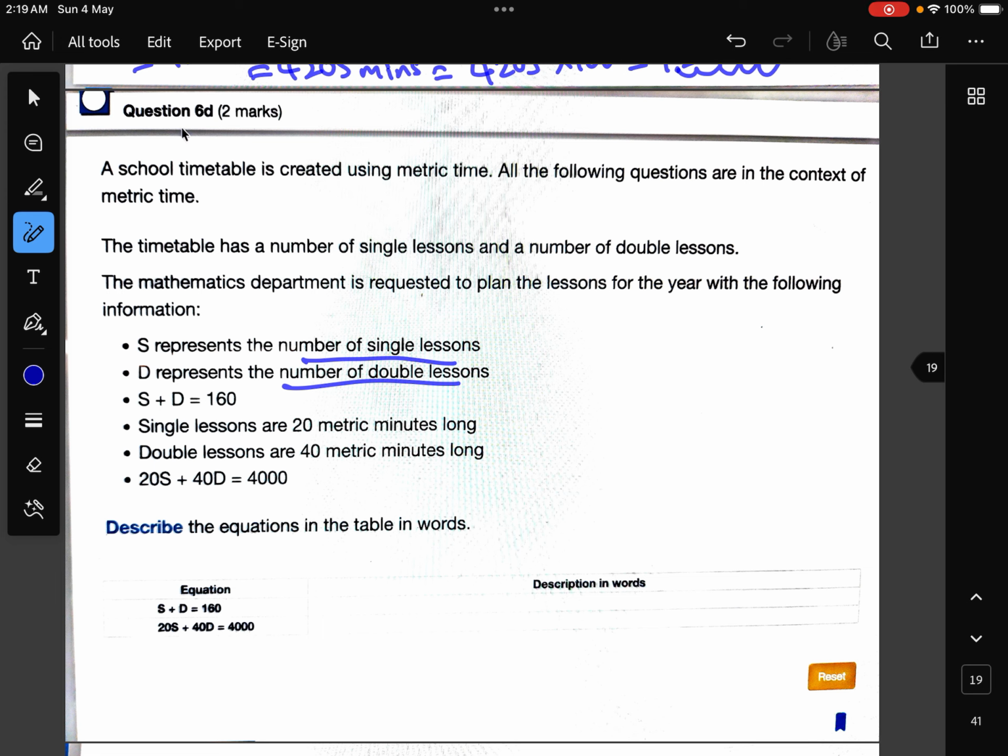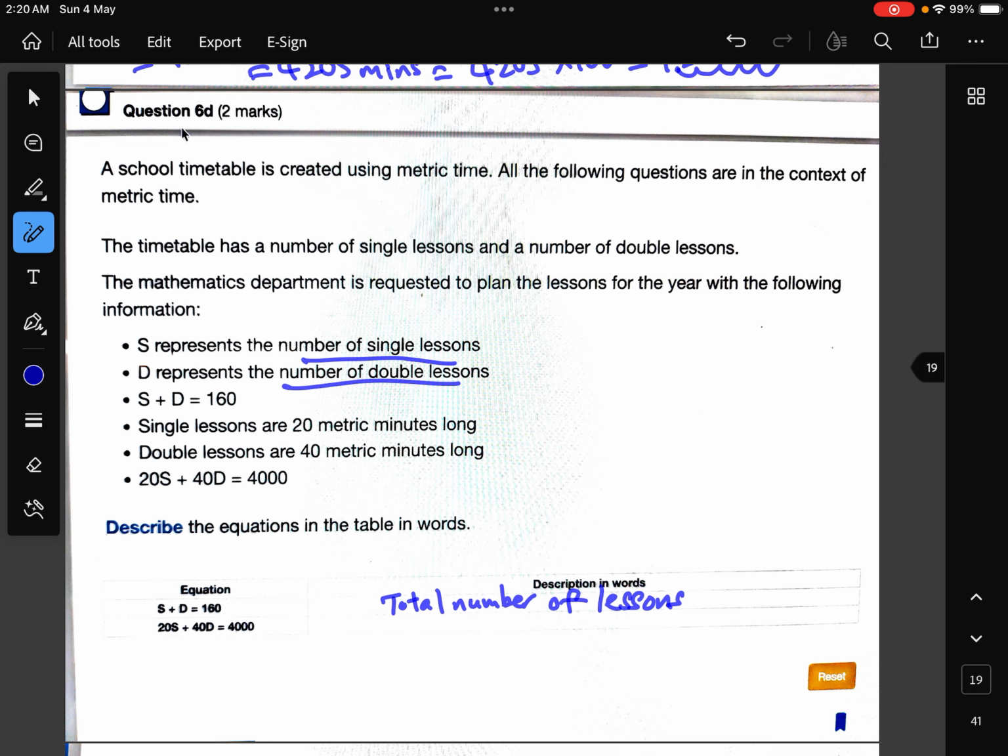So if you add s plus d, obviously we're looking at simply the total number of lessons, right? I mean, we're looking at both combining both the single and the double, so I can say that this is basically virtually the total number of lessons. And if we have 20s plus 40d equal to 4,000, we're supposed to write that in terms of words.